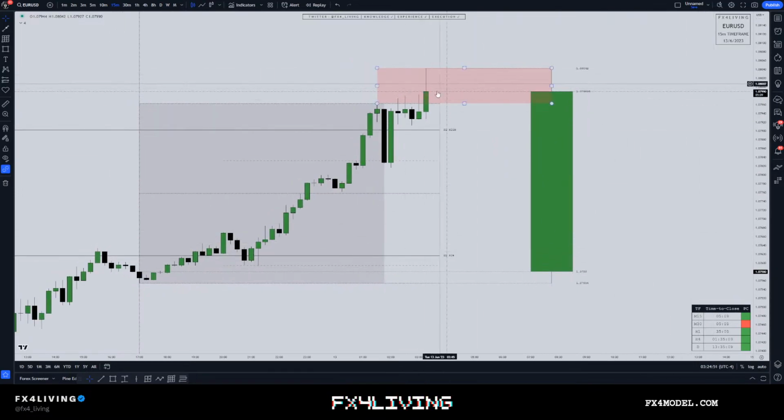But right now, that might be our manipulation, you know. This feels like a turtle soup? Exactly, yeah. That's what I want to see. I want to see a turtle soup above the accumulation range, my gray box, basically. And I want to see a rejection, like a massive rejection, something like a 15-minute or 30-minute candle.